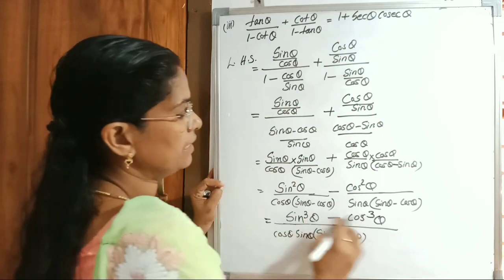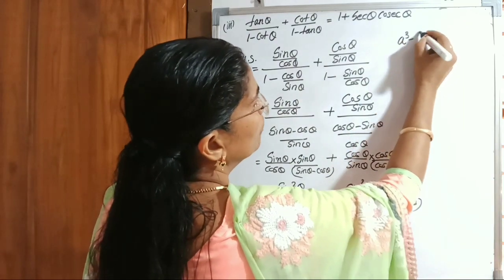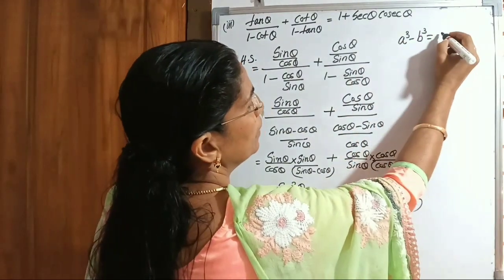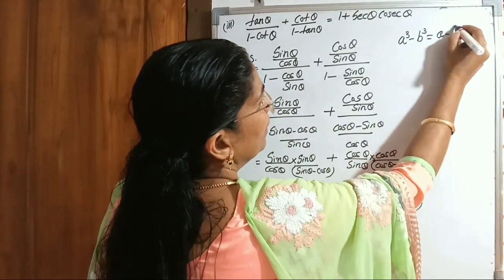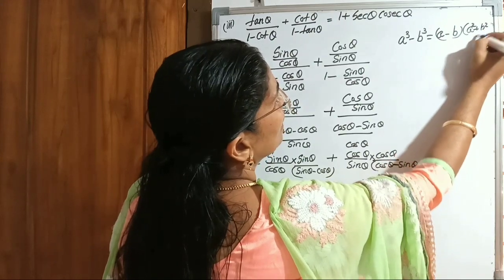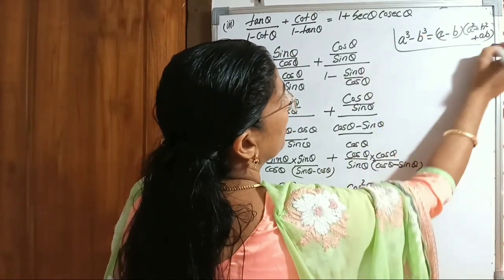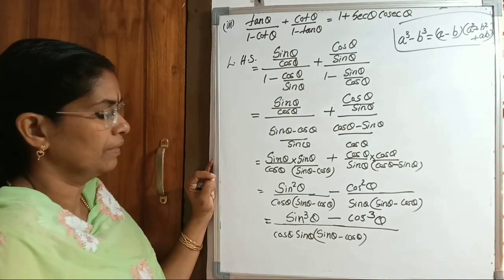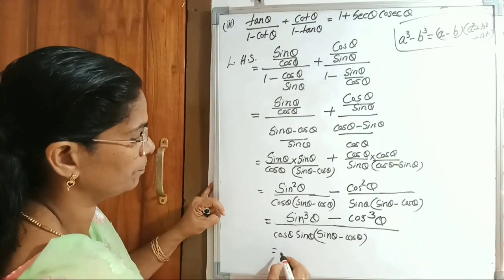Now look here, it is in the form a cube minus b cube. In the last year we learned what a cube minus b cube is: a minus b into a square plus b square plus ab. This is the identity we learned last year. That identity we are applying here.